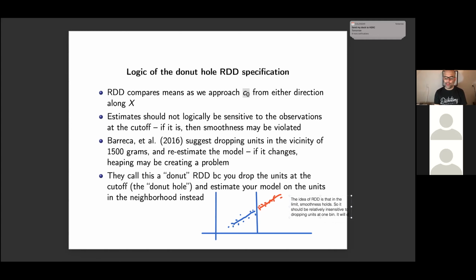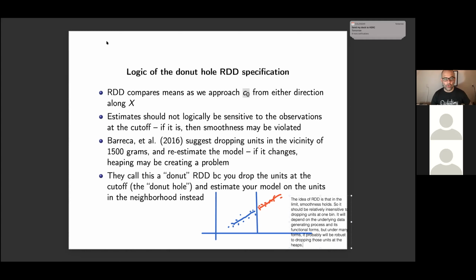It will depend on the underlying data generating process and its functional forms, but under many forms, it probably will be robust to dropping those units at the heaps.